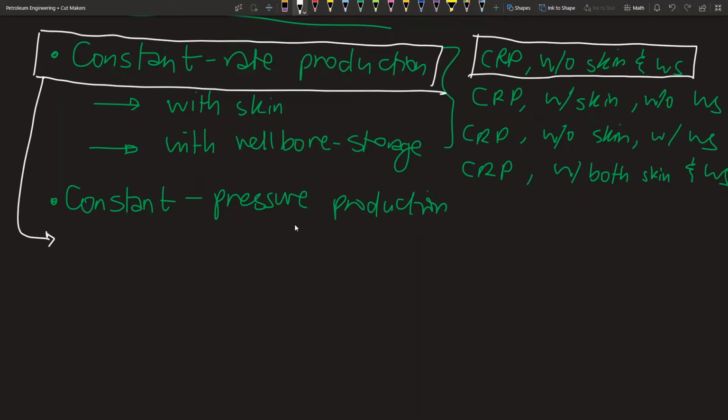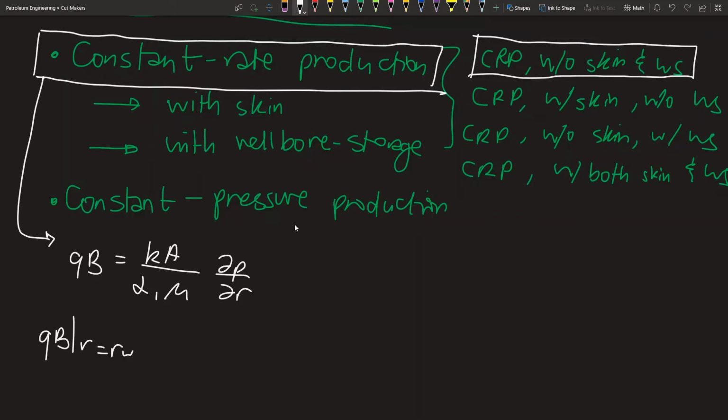Okay, so for this we'll need to remind ourselves of Darcy's law, which is QB is equal to Ka over alpha 1 mu dou P over dou R. And we need to recall that this is occurring at the well, because this is the inner boundary condition. And also our area is equal to 2 pi RH.